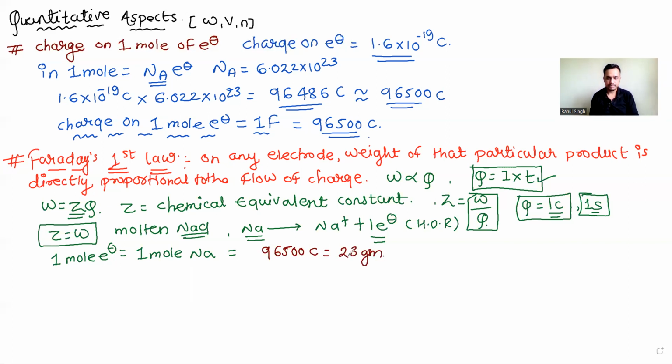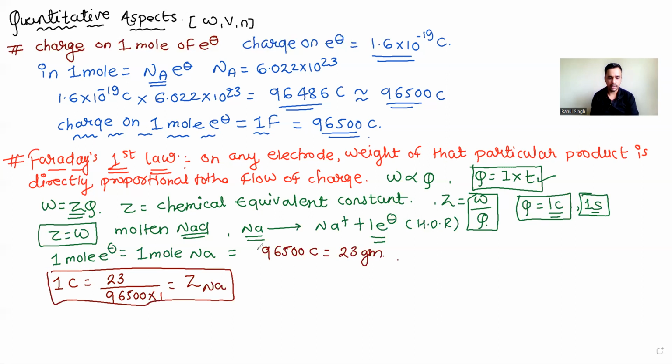Therefore, the mass for 1 coulomb is 23 divided by 96500, multiplied by 1. This value gives us the chemical equivalent constant for sodium.